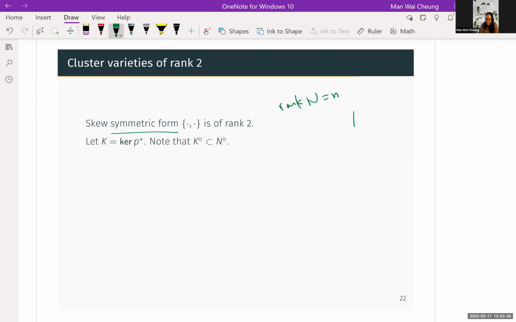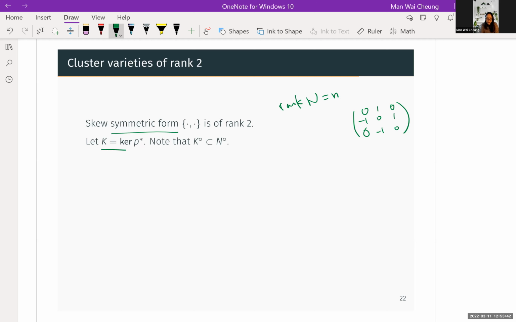One example we have in our paper is like this, because all odd-dimensional skew-symmetric matrices are not of full rank anyway. So rank 2 means the skew-symmetric form is of rank 2.